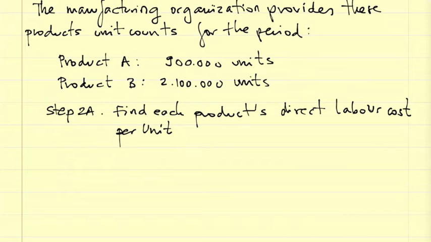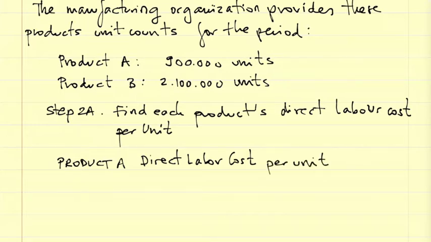So in this case product A, direct labor cost per unit equals 450,000. I don't know if I said dollars or euros last time. I put euros, divided by 900,000 units.